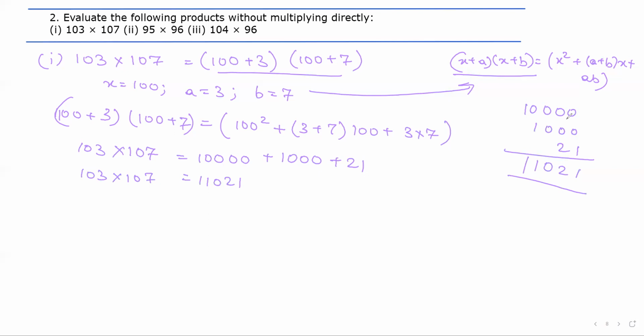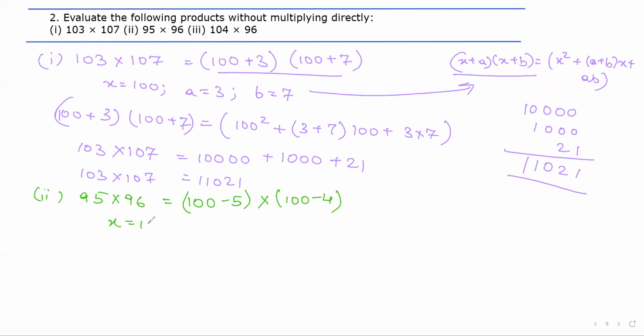Second, 95 into 96. Now here you have 95 can be written as 90 plus 5, but it makes more sense to write 100 minus 5 because 100 is easy to calculate with the zeros. Multiplied by 100 minus 4. Again, a plus b, a minus b.